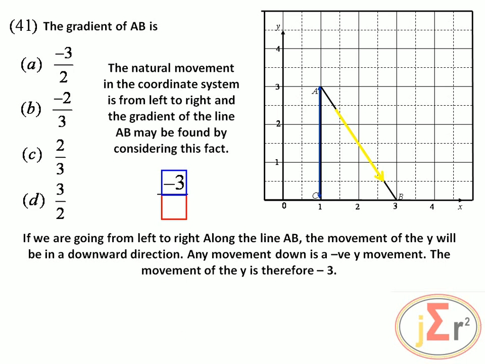So remember, the natural movement is from left to right. So which one of these points is left of which one? Of course, A is somewhat to the left of B. So we are going to start from left and we end up at right. If we are moving in that direction, notice that we will be going in this direction, and we will be going down in the y direction, which is the negative y direction, which of course is negative 3.